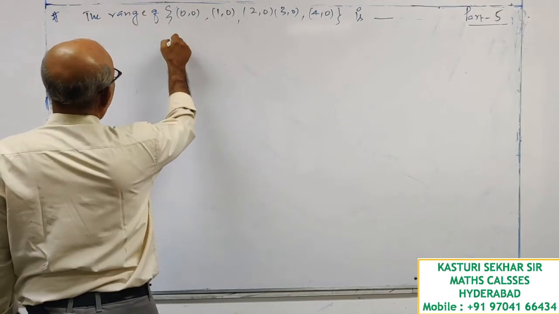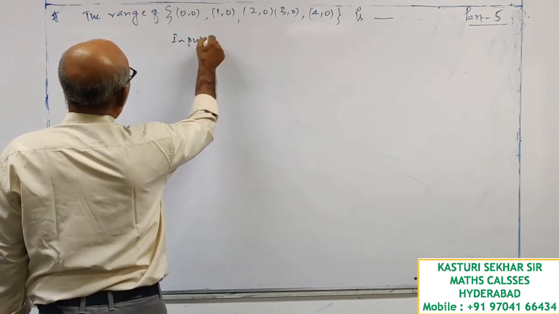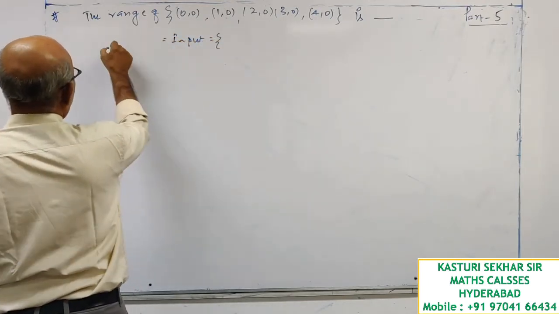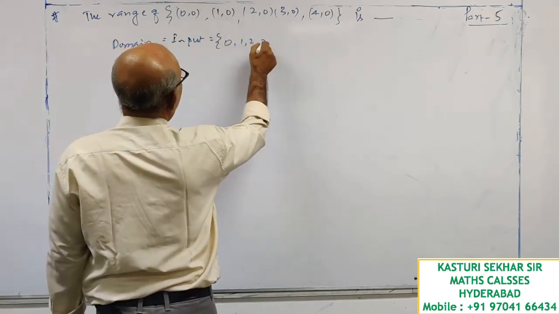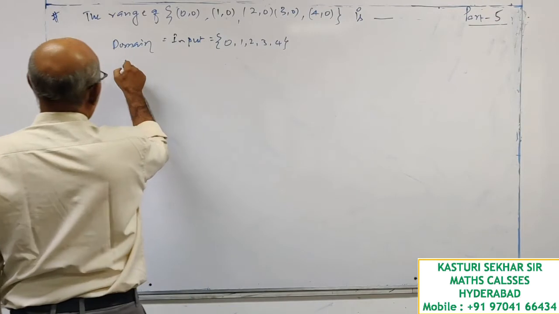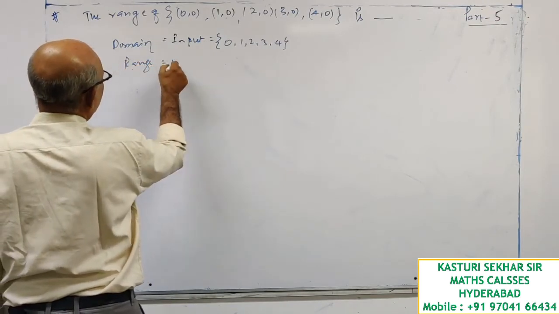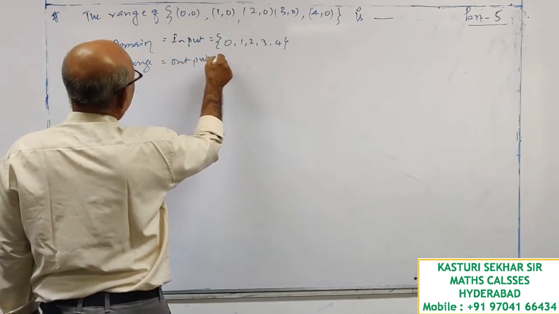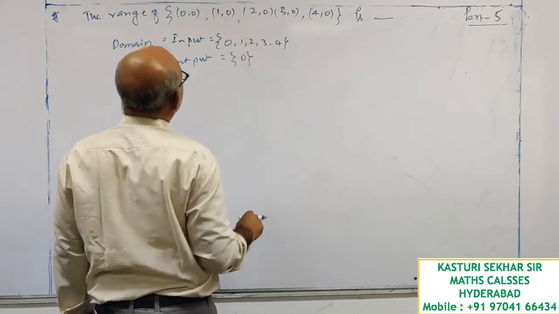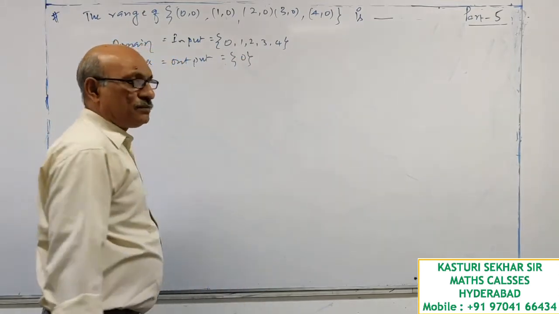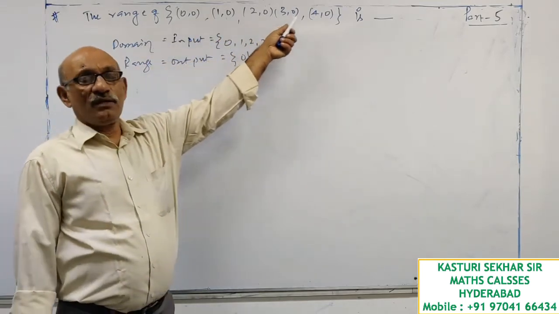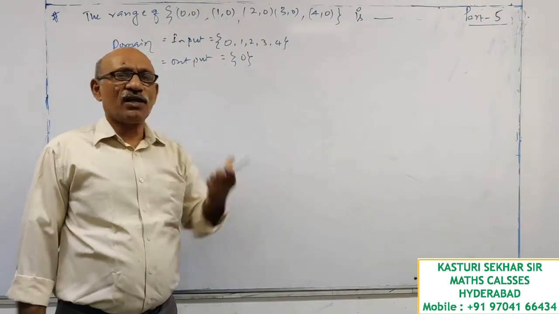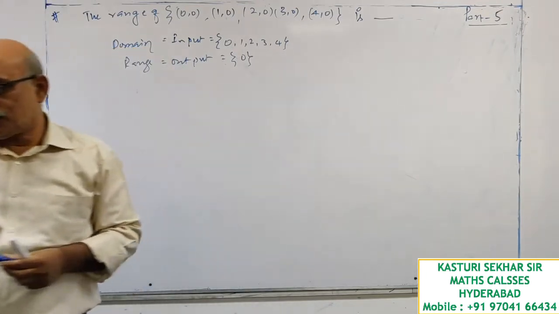So input is equal to, this is the domain, 0, 1, 2, 3, 4. Range is equal to output, this is 0. For each substitution, that is for each input, the corresponding output is 0.